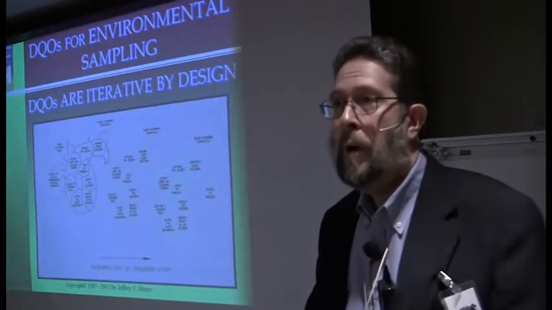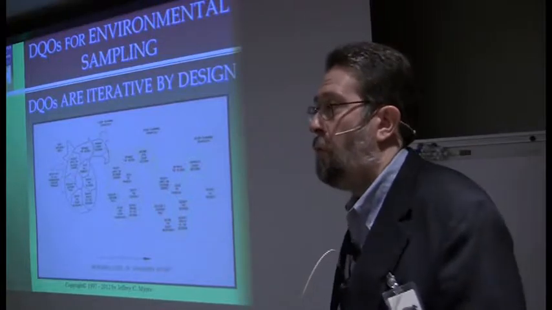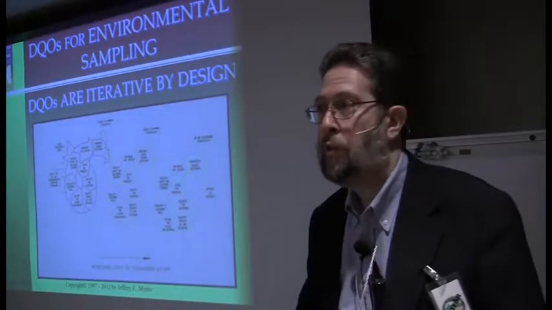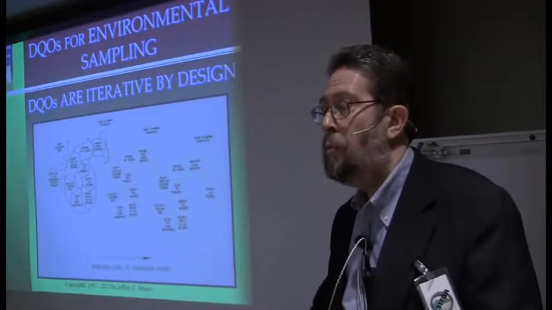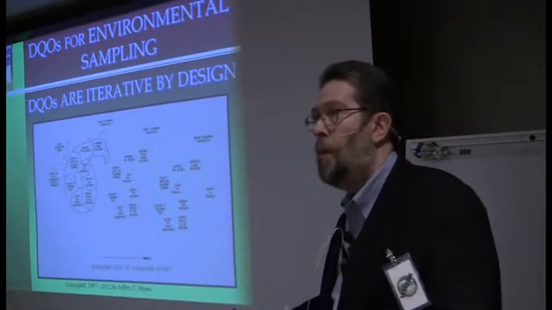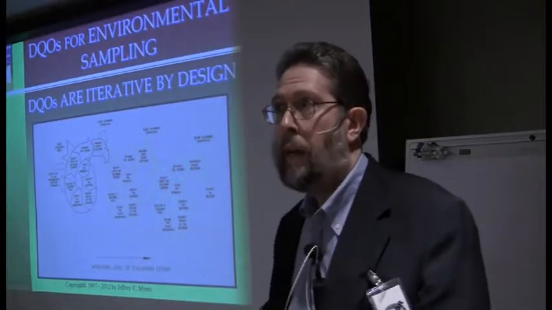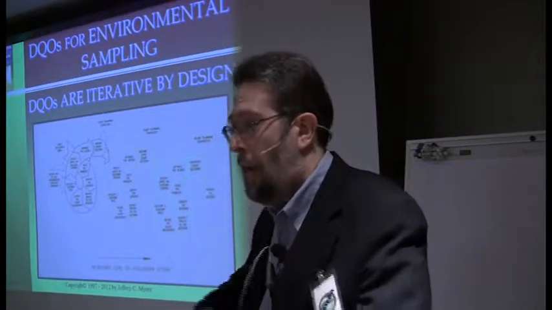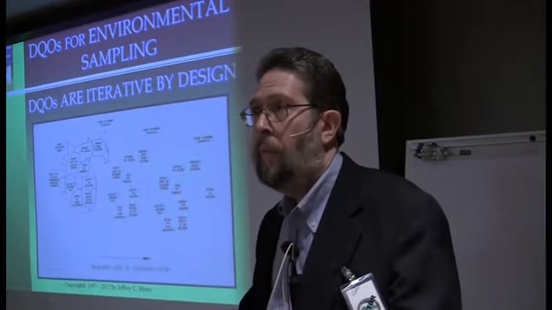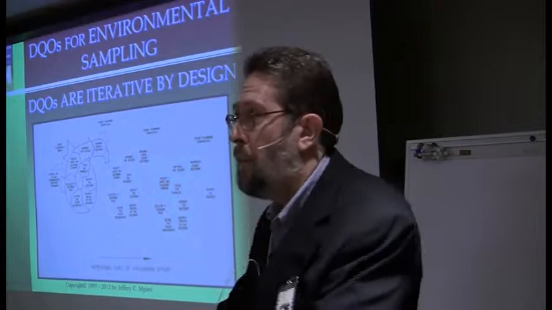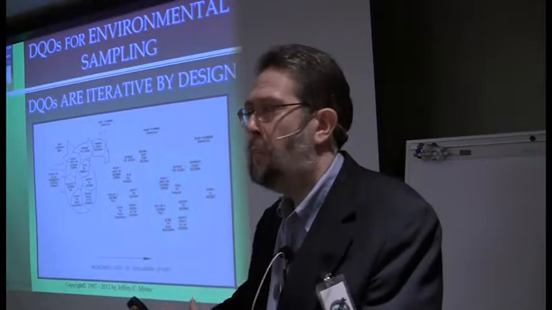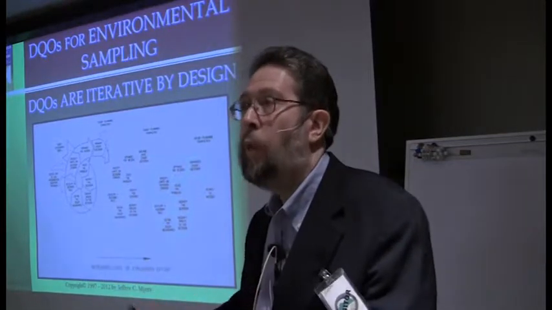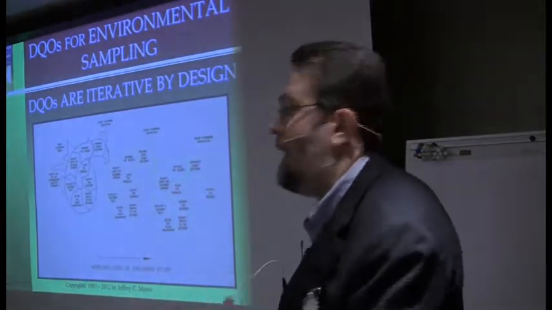The site conceptual model may change as you go through the various iterations. As you learn more, you refine the conceptual site model and make changes. If you go through 2 or 3 times, and that could be in a Triad also, even over a course of 2 or 3 days or a week or a month, as you keep finding the action line, the threshold values, and do, say, an adaptive sampling approach, you may go through this cycle very quickly, or you may do it annually.